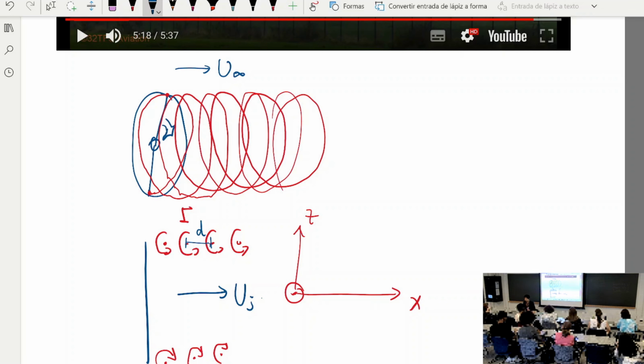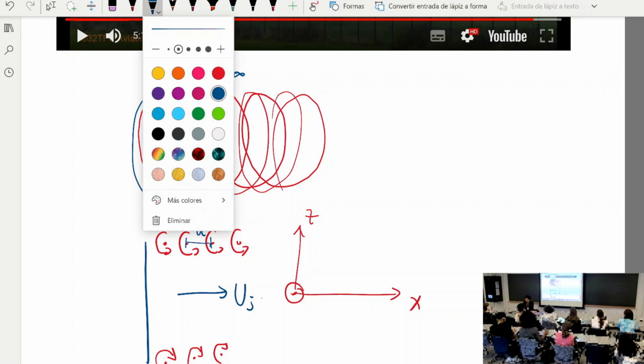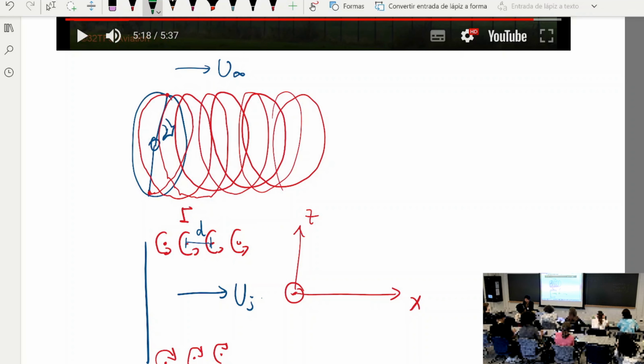And how? By drawing a closed contour, right? So if I draw a closed contour between this and this and this and this, okay, how many vortices does this closed contour include? Well, of course, it depends on how wide this contour is, right?